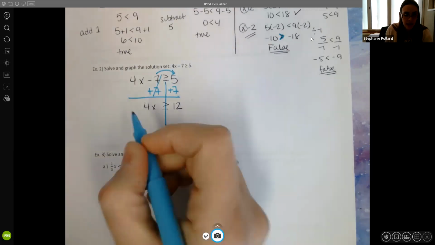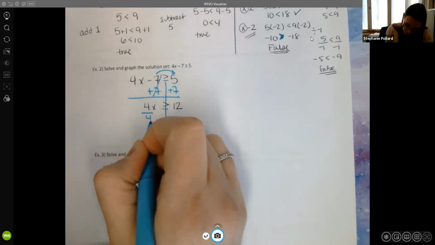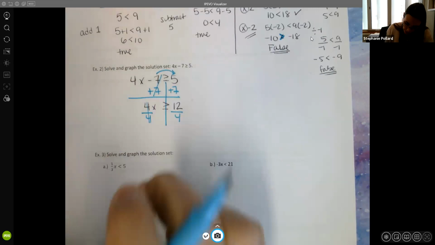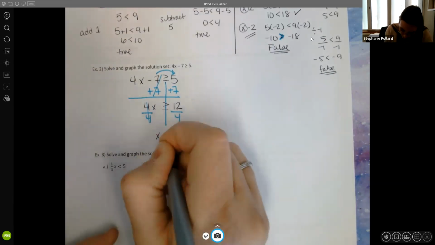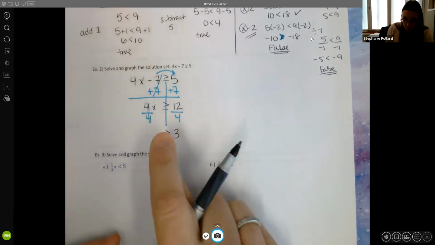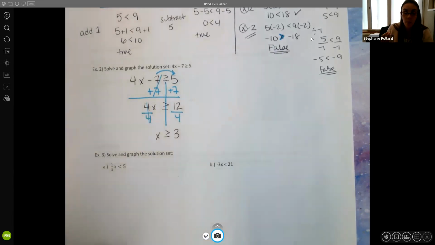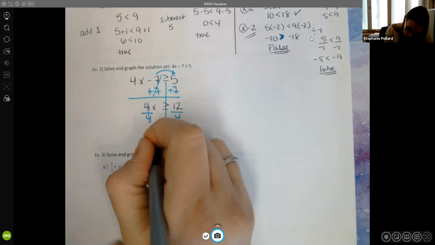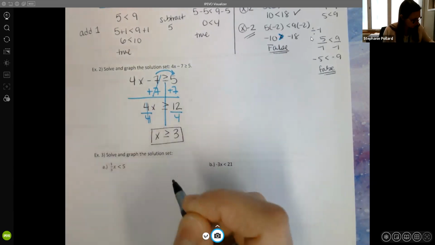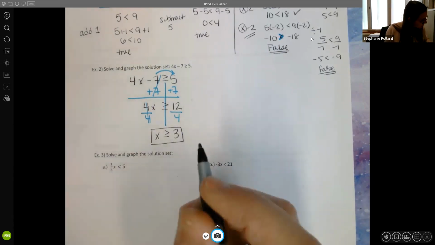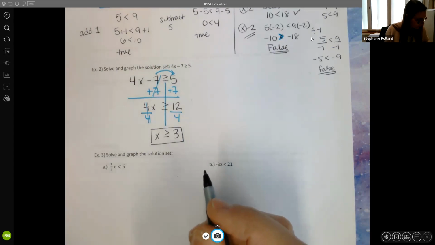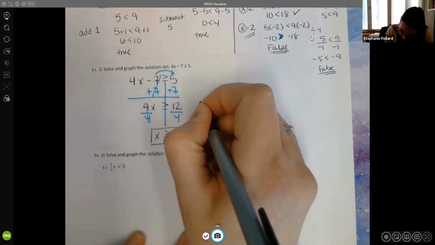Now my next step is to get x by itself, so I would divide by 4. I'm dividing by a +4 here, which is fine. There's no issues with dividing by a positive. It's only if we divide by a negative or multiply by a negative. So this is my answer. Then I'm also going to graph it.